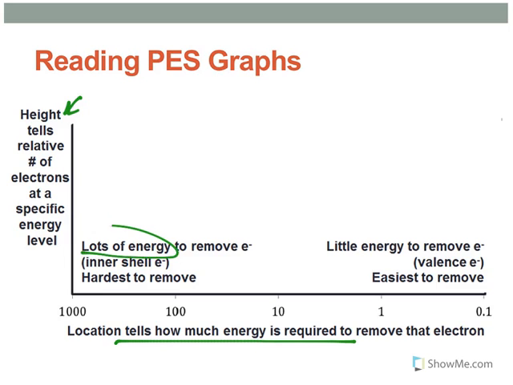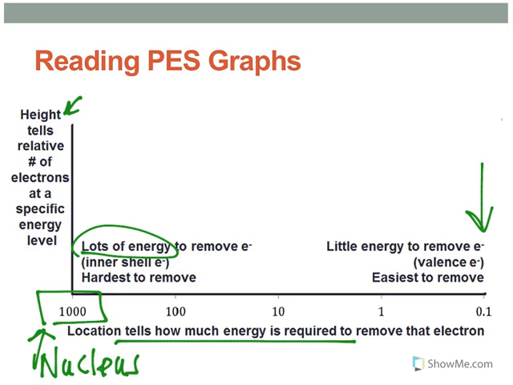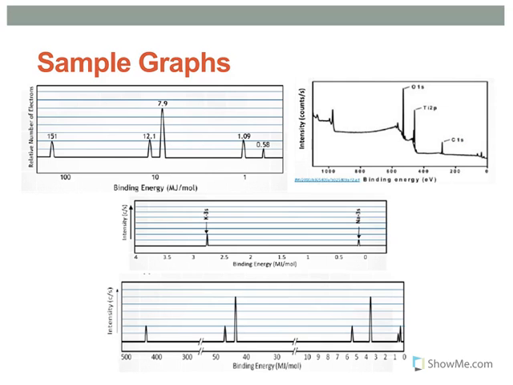If it's a lot of energy to remove an electron, it's going to be really close to the nucleus, and so that's going to be way over here. Again, if you want to just label it basically that the nucleus is going to be over here, that's fine. And then these are going to have to be our outermost electrons over here, okay?